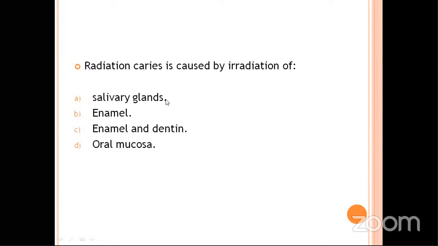The parotid gets affected at a dosage of almost 25 gray, whereas the submandibular gland can withstand up to 39 gray. The oral mucosa consists of different layers of cells, the stratum basale, spinosum, granulosum, and corneum, and so the differentiation may get disturbed, causing ulceration. So radiation caries is actually caused by irradiation of the salivary glands.